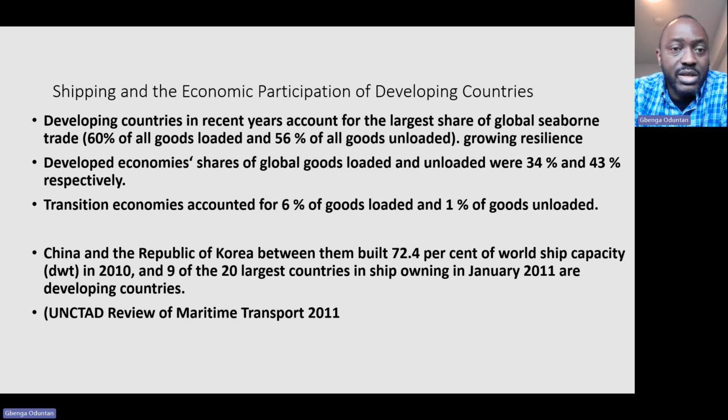Statistics is establishing that. A lot of the registration of ships is now taking place in developing states. A lot of maritime traffic is going towards developing states and from developing states.